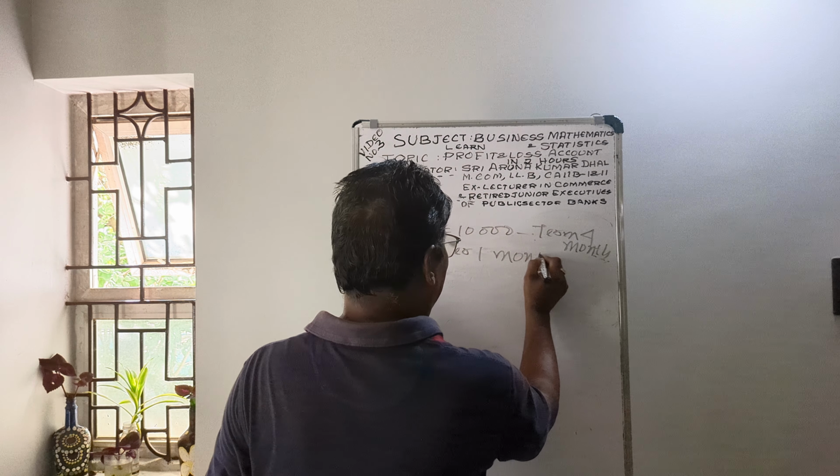The bill value is 10,000, which will be paid after 4 months. After 1 month, for 3 months the bank will charge interest. 3 months is known as the unexpired period of the bill. So 10,000 into 3 by 12 into 15 by 100, that is 375 rupees the banker will charge. That is known as bill discount.